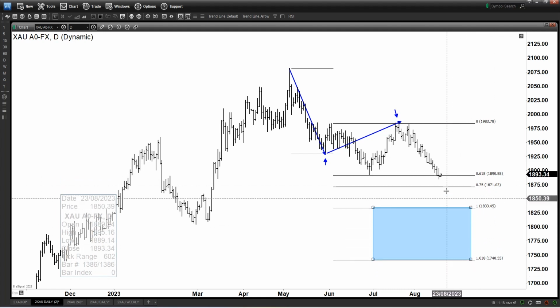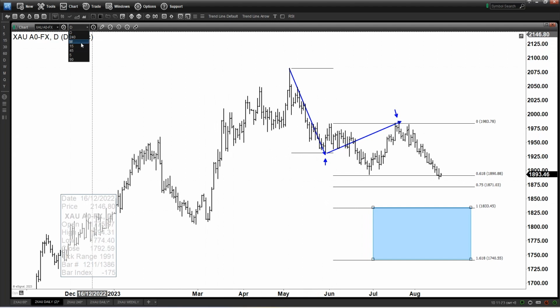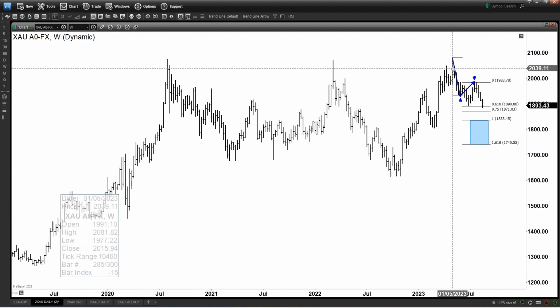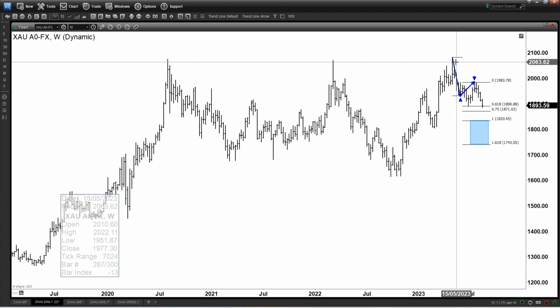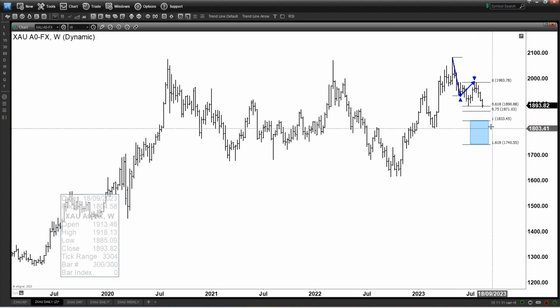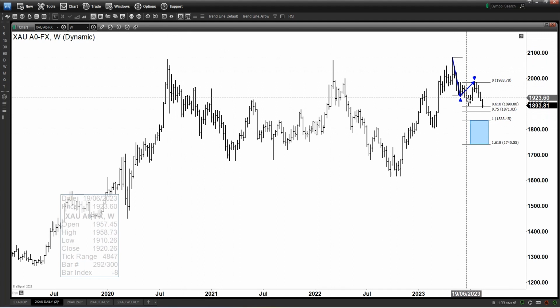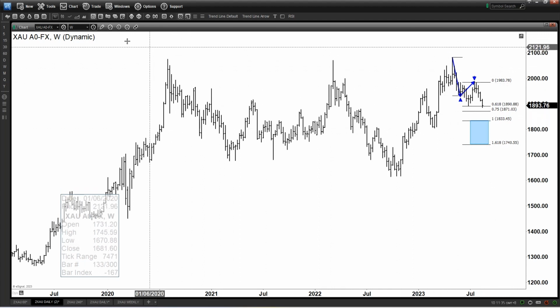Now I still can see a little bit more downside, no doubt about it, but make no mistake, if you look at the weekly, this is not a bearish market, considering that we broke to new all-time high, and also yeah, the pullback is currently ongoing, but the pullback is considered to be corrective, right?